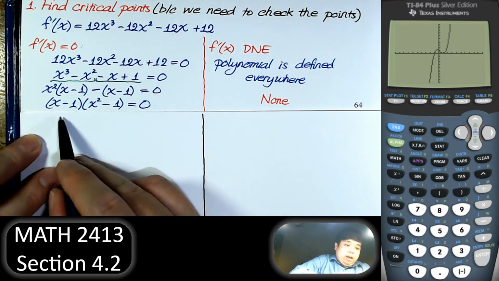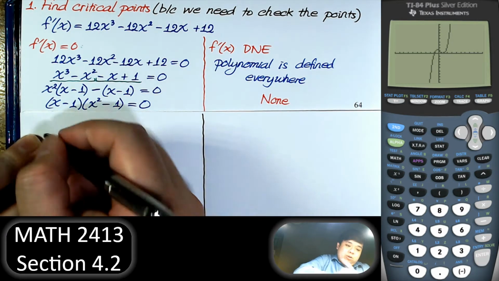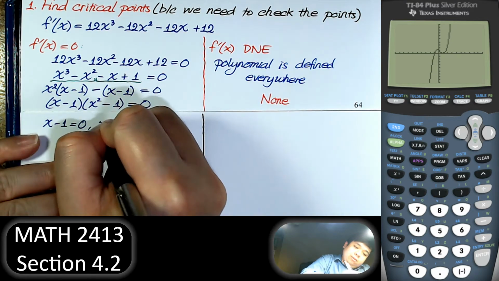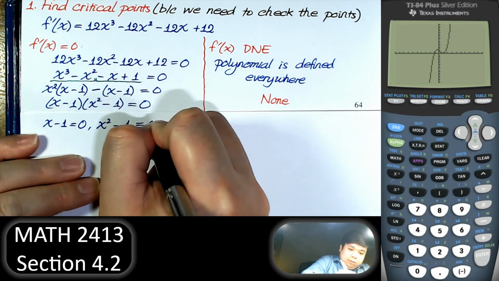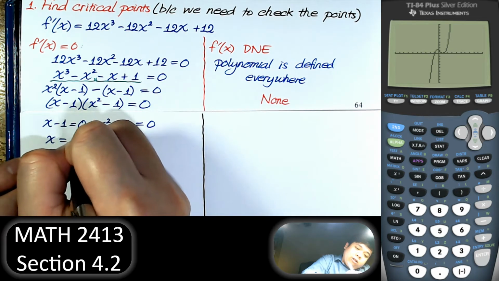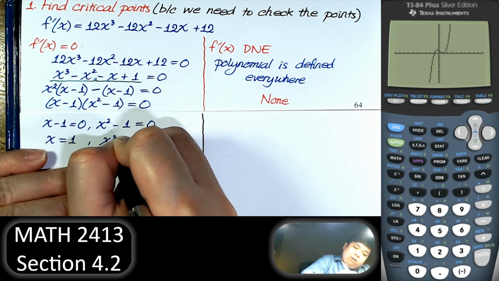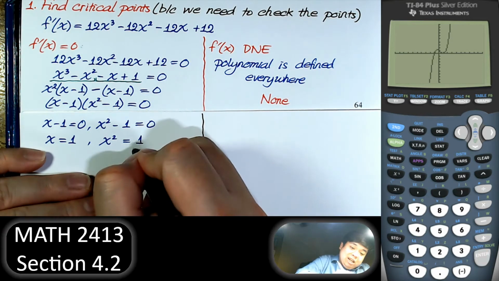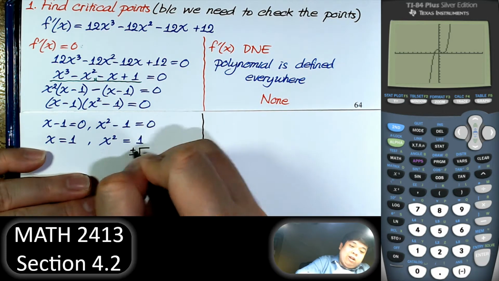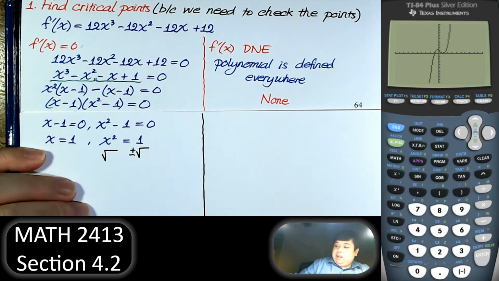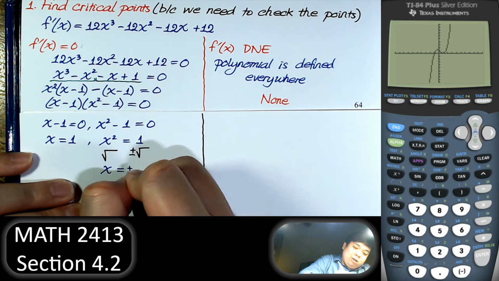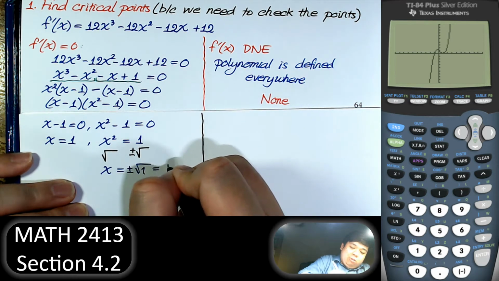So I will let that equal to 0, and that equal to 0. So I have x equal to 1, or x squared equal to 1. Take the square root on both sides. We have x equals plus or minus the square root of 1, or plus or minus 1.